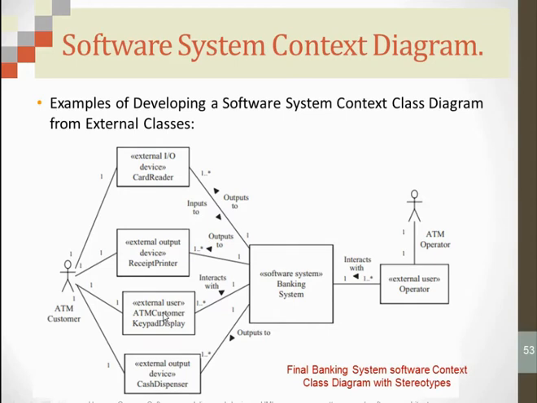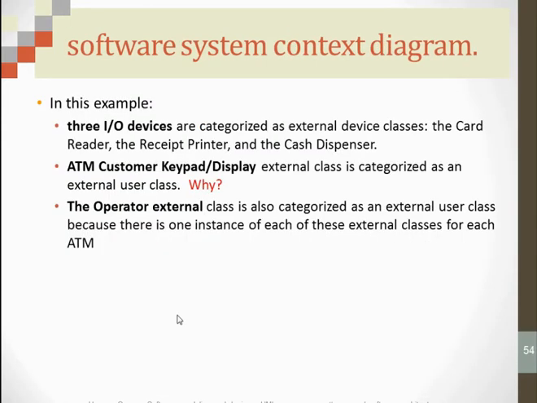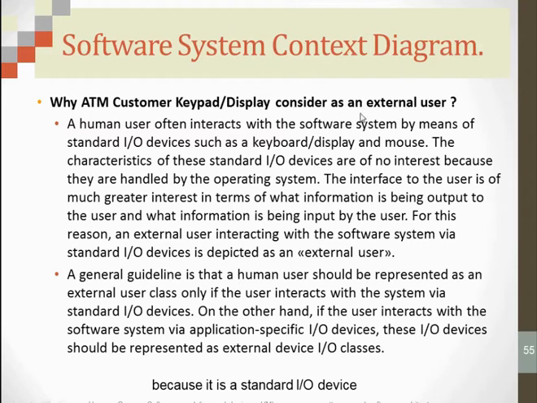I mentioned this in the last class: we consider the keypad display, something like the keyboard, as an external user and not a device, because this device receives its information from the user and is just a standard input device. In one sentence, the keypad is an external user because it is a standard input output device.